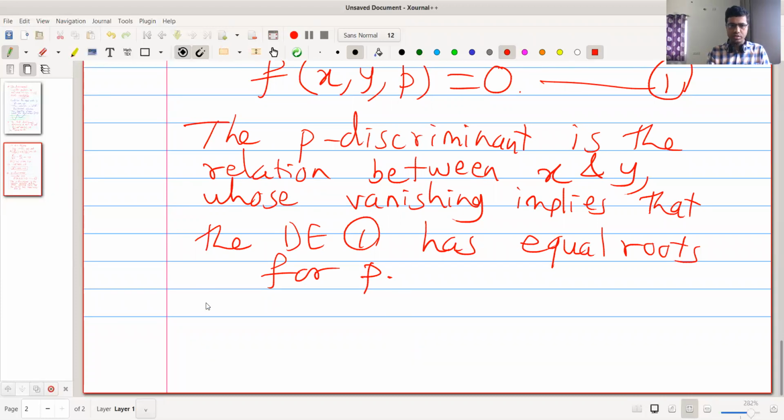Such a relation, that is the p discriminant, is obtained by eliminating p between equation 1 and del f by del p equal to 0.